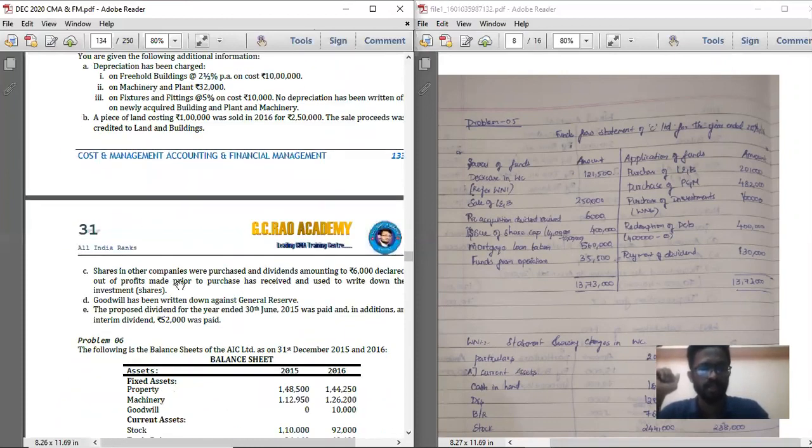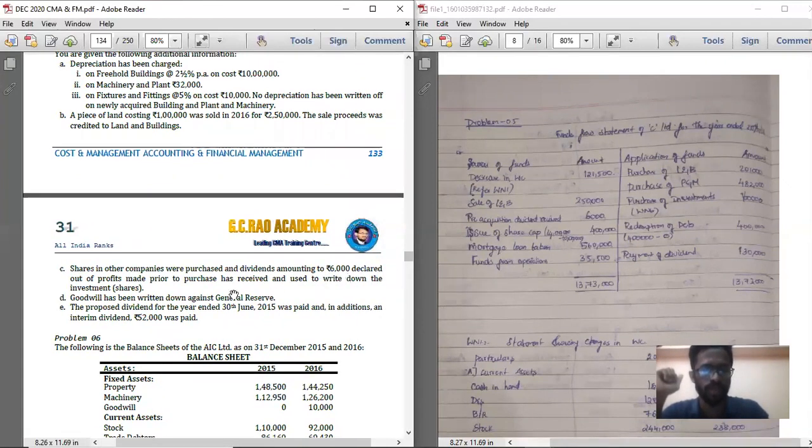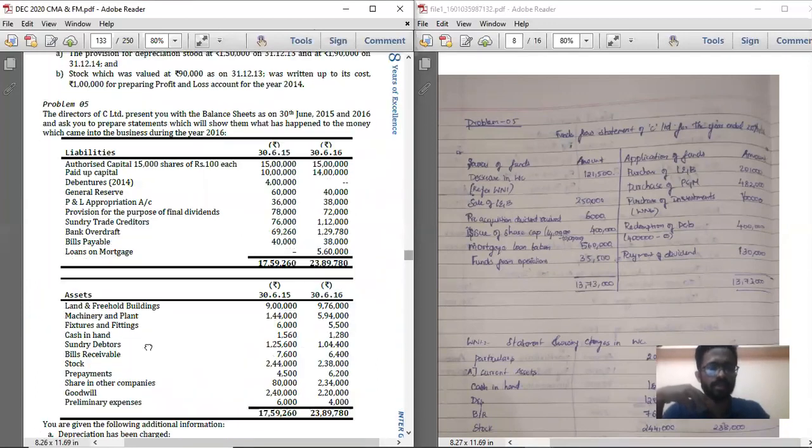Shares in other companies were purchased, and a dividend amounting to 6,000 declared out of profits made prior to the purchase was received and used to return on the investments. So there is some incoming of funds, there is dividend received, but the dividend has been received on shares purchased by our company, C Limited.